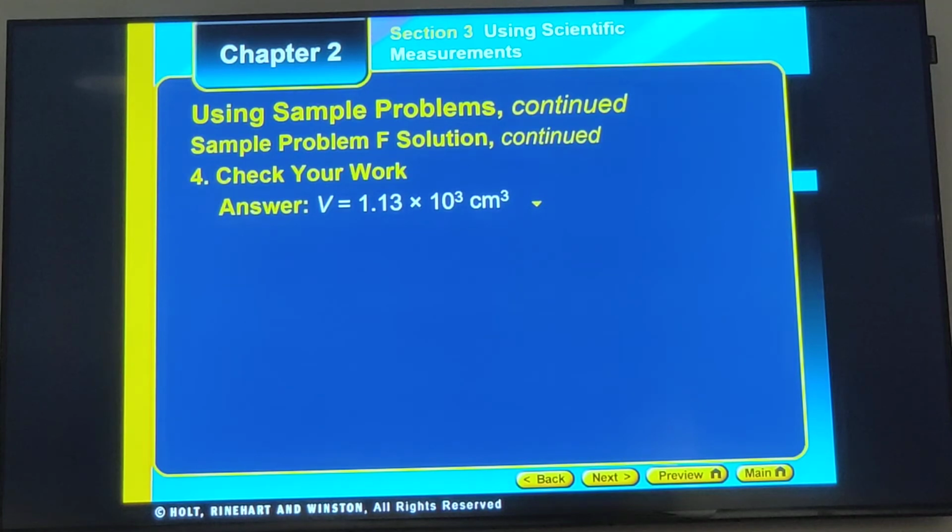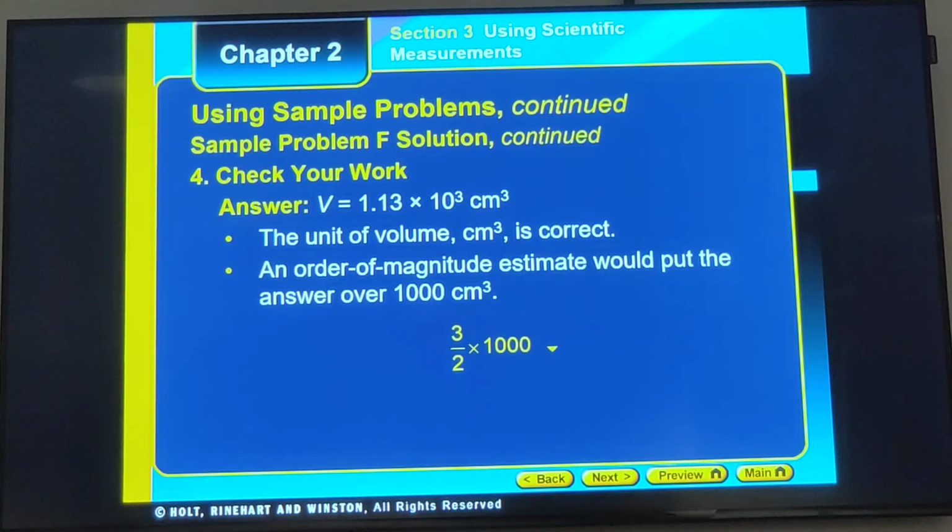So to check your work, the volume is that. The unit for volume is cubic centimeters, which is correct. That's the right kind of unit I would expect for a volume. And order of magnitude: what we did there is 2.7, well, let's round it off to a whole number, like 3.